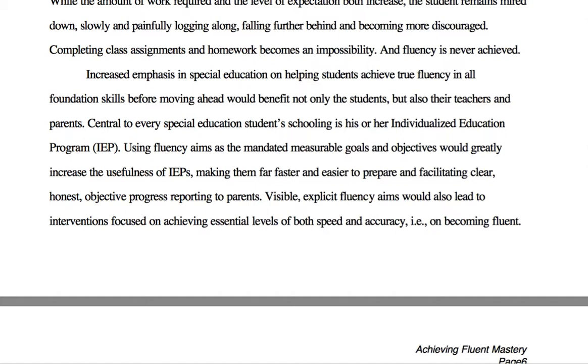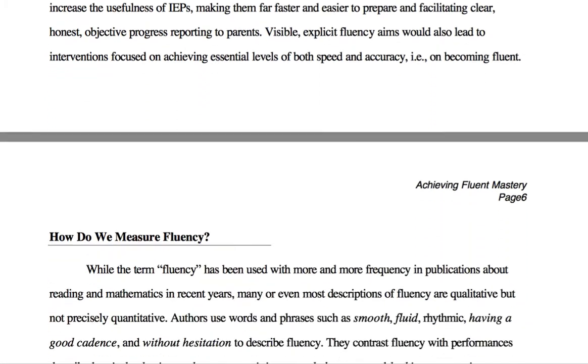Using fluency aims as the mandated measurable goals and objectives would greatly increase the usefulness of the IEPs, making them faster and easier to prepare and facilitating clear, honest, objective progress reporting to parents. Visible, explicit fluency aims would also lead to interventions focused on achieving essential levels of both speed and accuracy, that is, on becoming fluent.